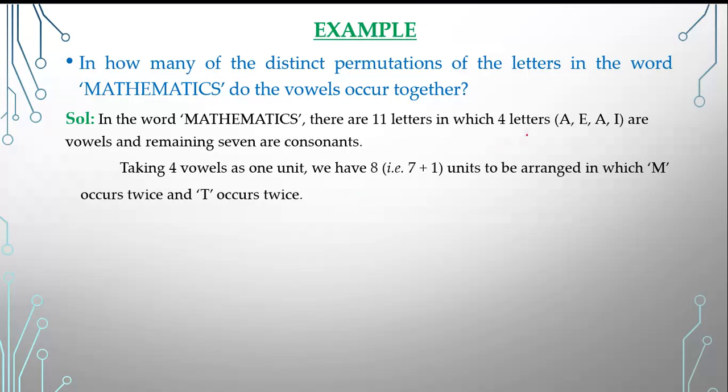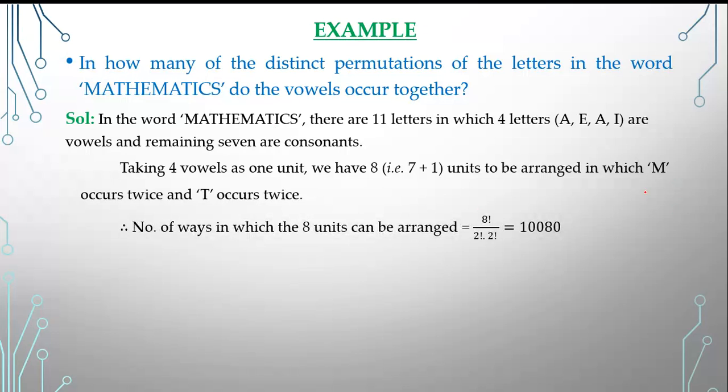That is 7 plus 1, so we have 8 units which we have to arrange, right? How can we arrange these? By 8 factorial ways. Now in these 8 units, we see that two m's and two t's are there, right?